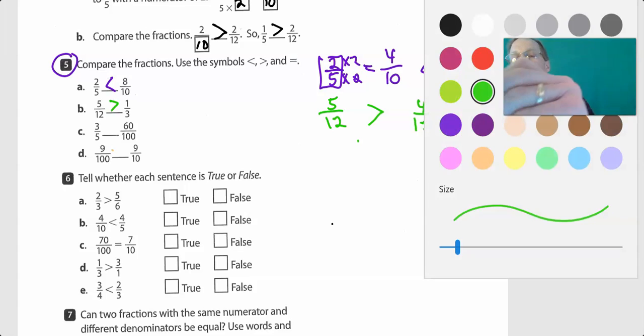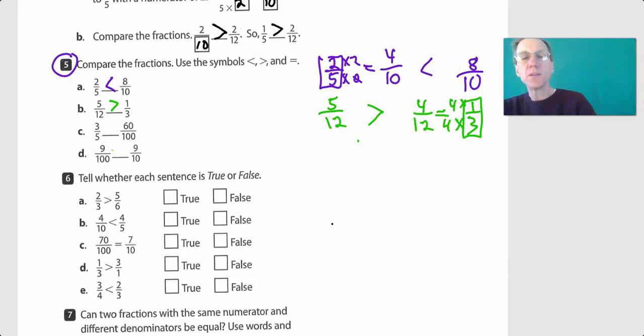All right, let's take a look at the next one here. This is 3/5 and 60 hundredths. So I'm looking at this, and what I might do is multiply. 3 times 2 is 6.